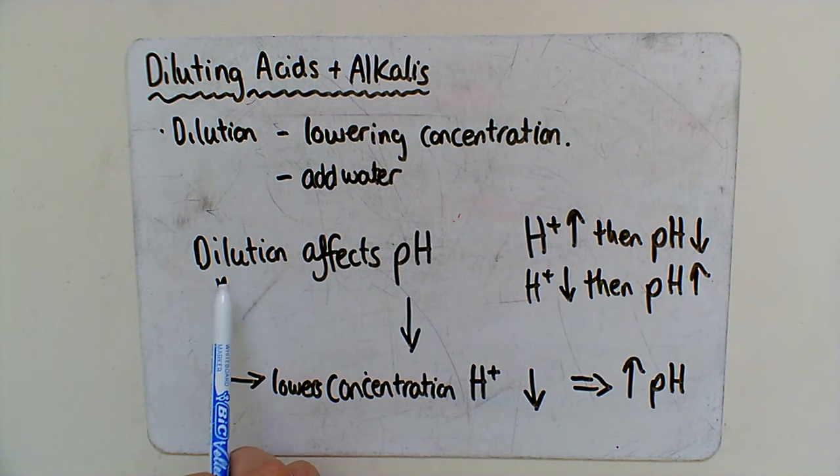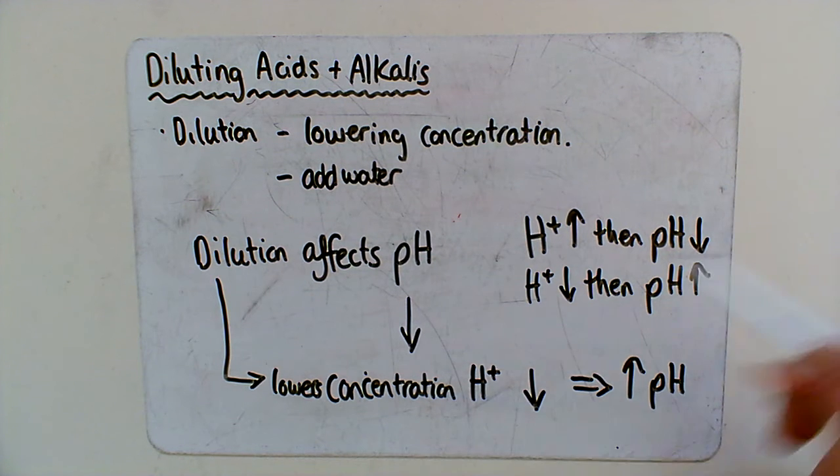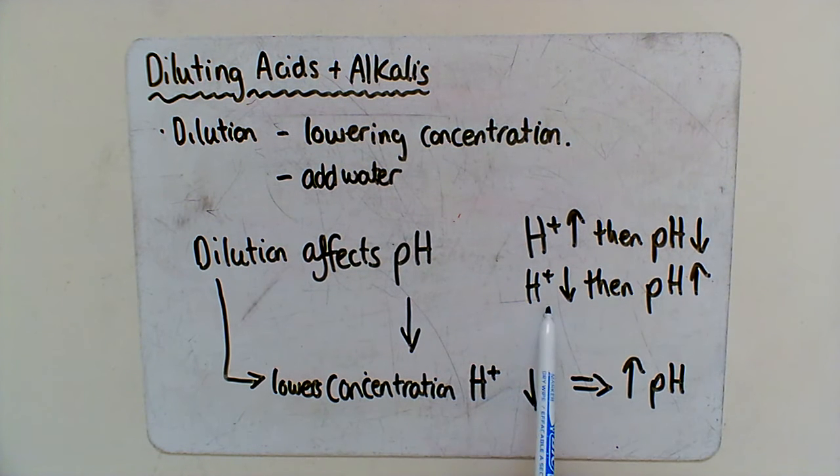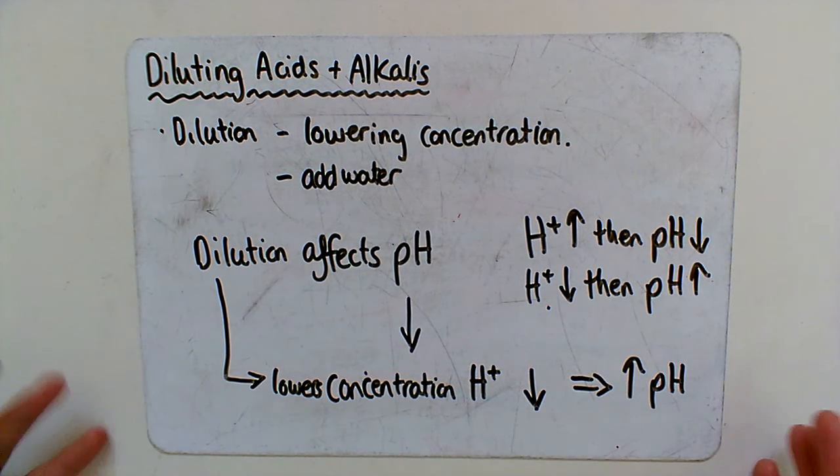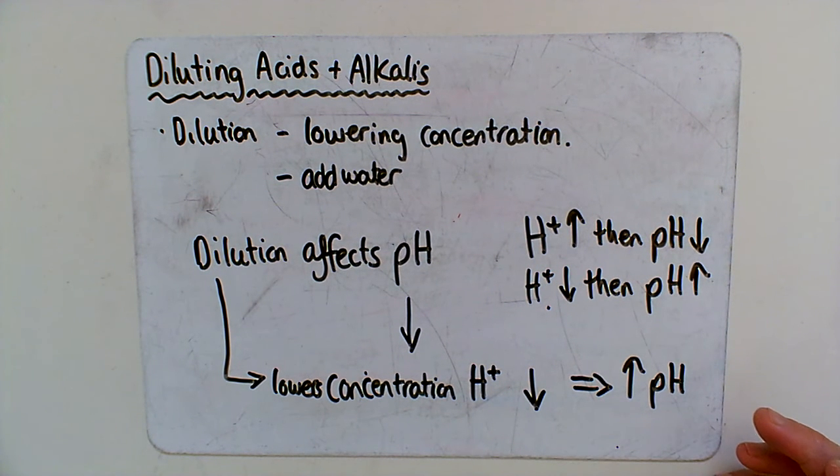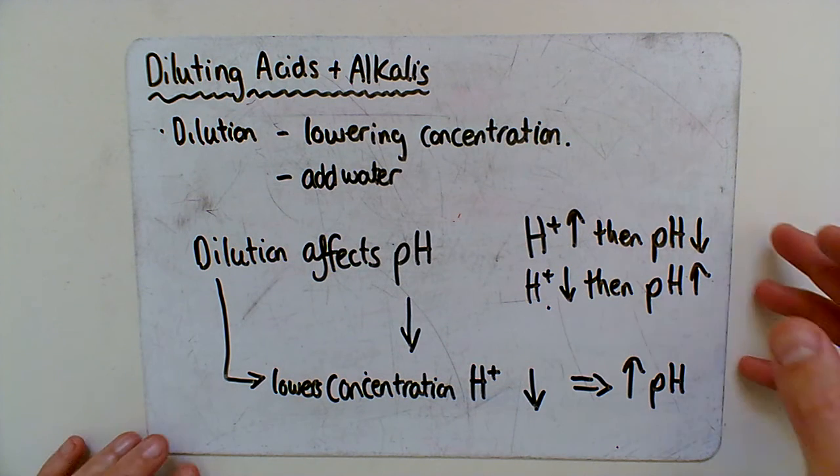So dilution always makes the pH of an acid go up, because dilution lowers the concentration and the pH is going to go up. The opposite happens with an alkali. But firstly, what we'll do is we'll look at an experiment to show that pH is affected by dilution.